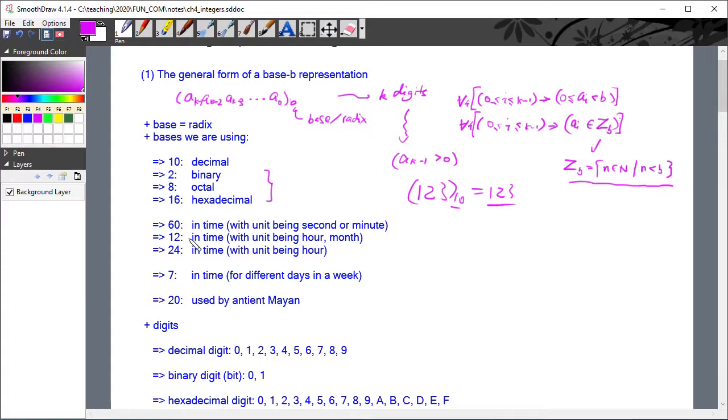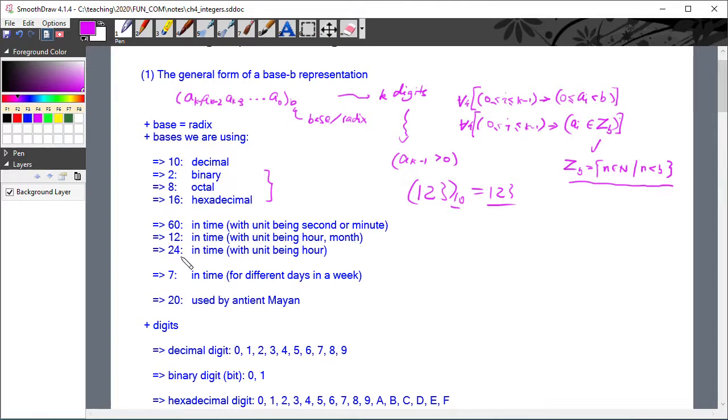And then also to express the time, we could use base 12 to express the hour, and this base 12 is also used to describe the month. In that case, the first month is January, the last month is December, the number 12. And for the hour, we also use base 24. So it depends.